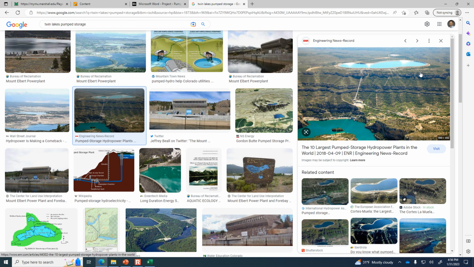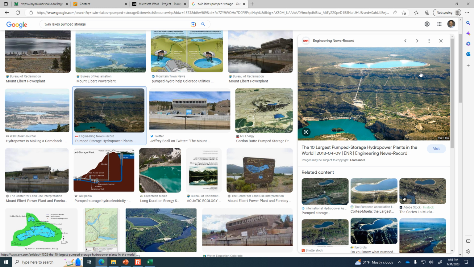But recently, pump storage is getting a lot more attention because of wind power and solar. Everybody always says, well, what are you going to do on a day when it's not windy, or at night when the sun isn't shining? Well, you can store that power through pump storage, and that provides a nice renewable means of storing power through the night.